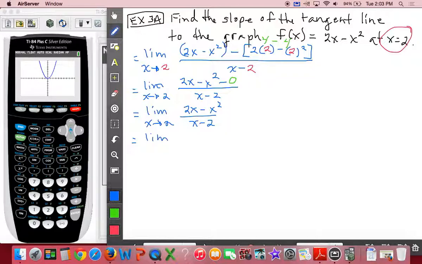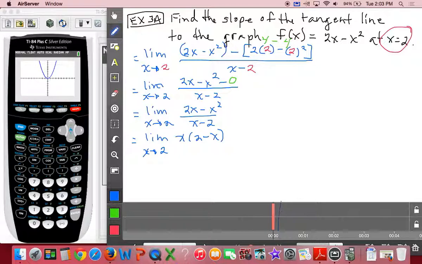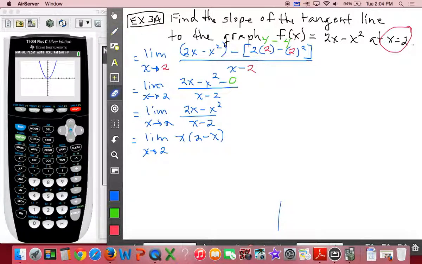The limit as x approaches 2 of x times 2 minus x over x minus 2. What's the problem? These cannot simplify. Instead of taking out an x, we can rectify this by taking out a negative x, because that'll change this sign to negative 2, which is what we want, and this sign to a positive x, which is what we want.